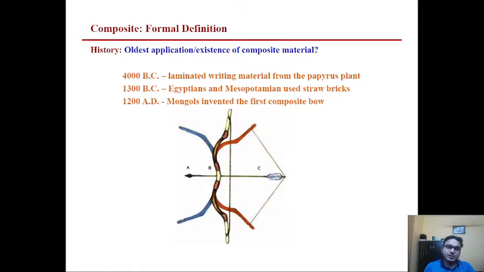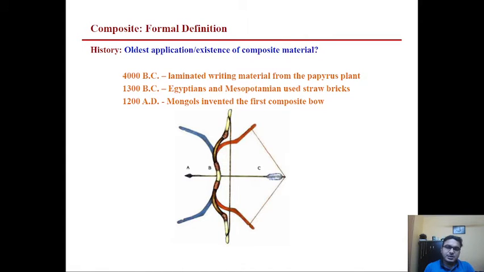In 4000 BC, laminated writing material was made from the papyrus plant. In 1300 BC, Egyptians and Mesopotamians used straw bricks, and these straw bricks were composite materials.